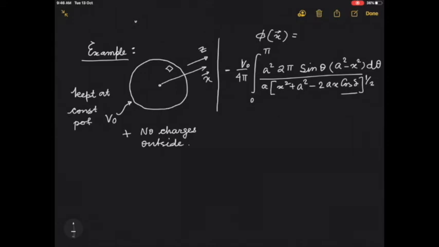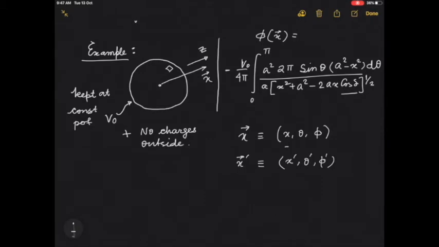Now I have chosen my x like this, which means that theta equals 0. So the vector x can be written by x, theta and phi, where x is the amplitude of vector x, and theta and phi are the directions.